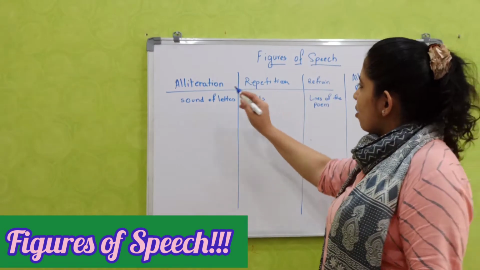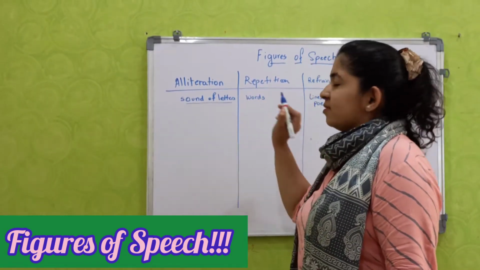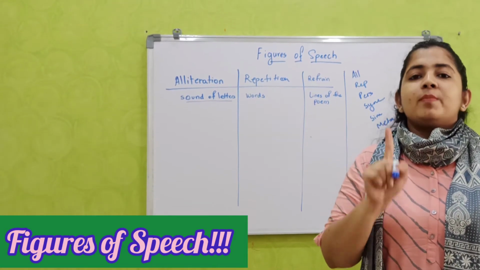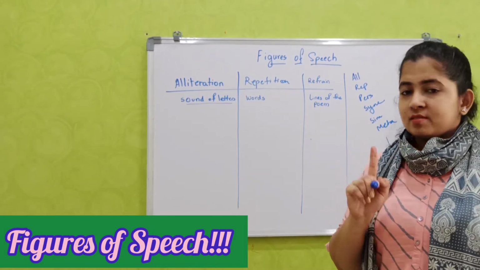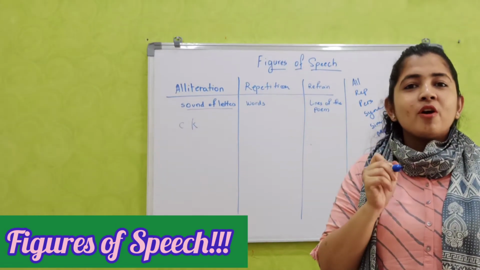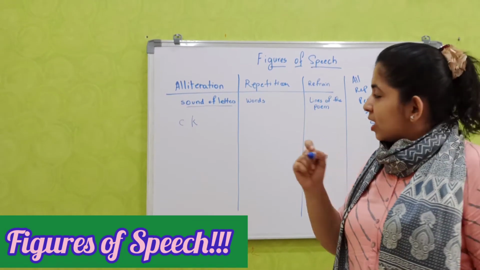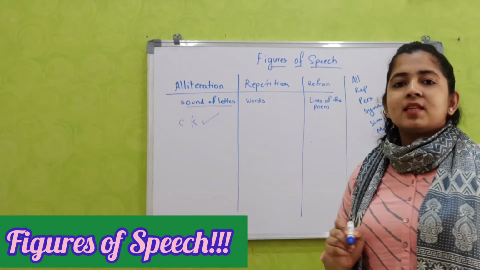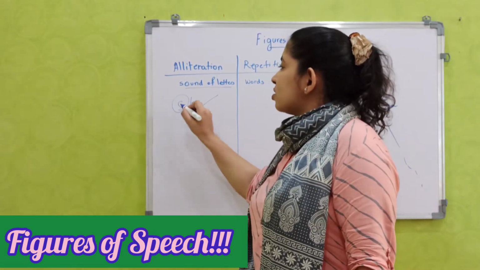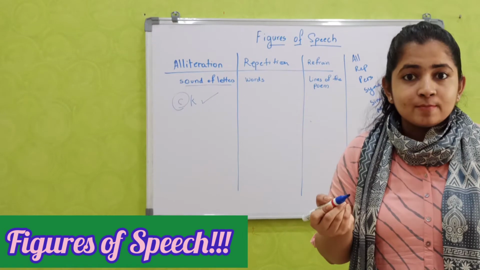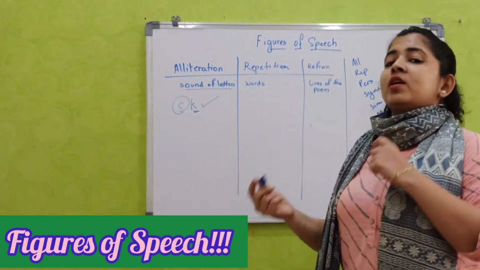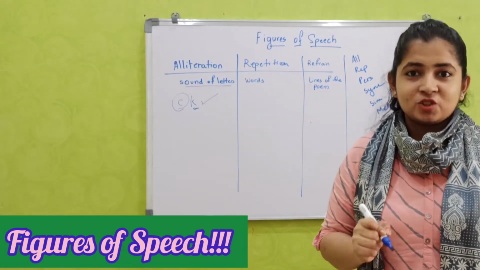So if you see the sound of letters, I'm not talking about the letters which are repeated, but I'm talking about the sound of letters. So if there is C and there is K, the sound of C can be K. So there can be a repetition of sound K in a word which begins with the letter C but has the sound of K. So you can have that example of alliteration in it.